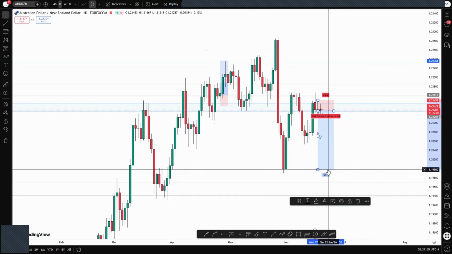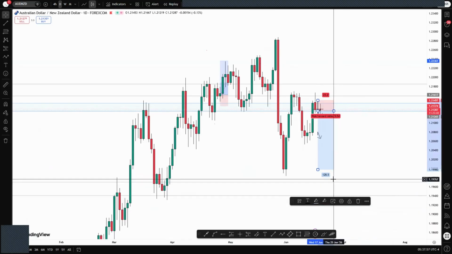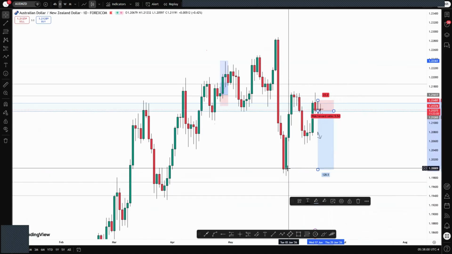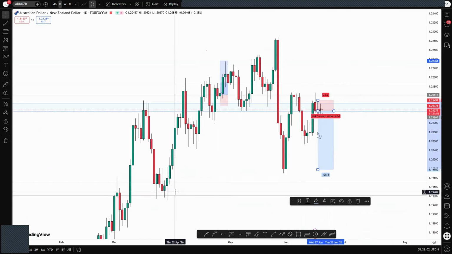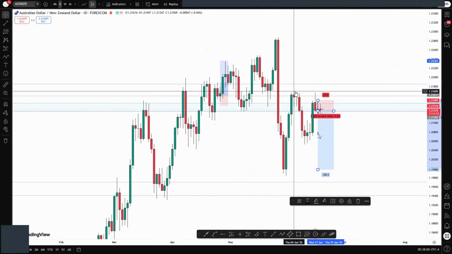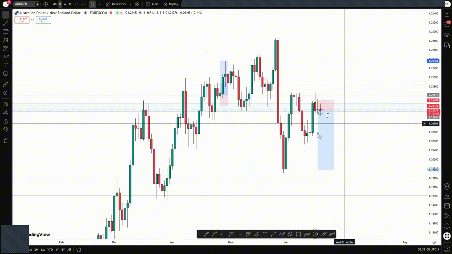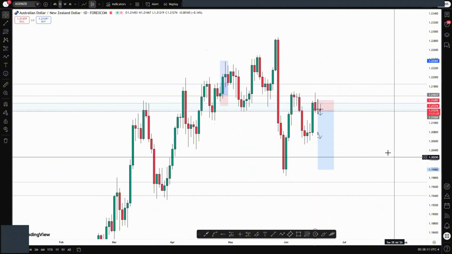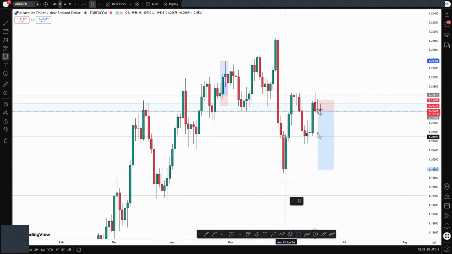So you can see that this push was supposed to reach this level, but price had to come back here and grab more sellers. So even here it's trying to grab more sellers so we can buy more of this thing.